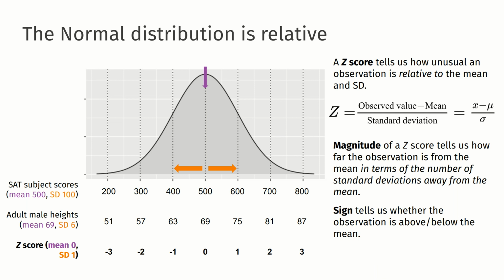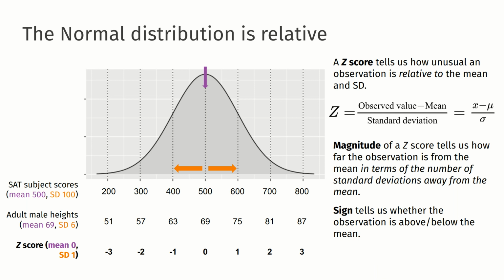So, for example, if you score 750 on an SAT subject score, you would have a z-score of 2.5, because you are 2.5 standard deviations away from the mean, and it's positive because you are above the mean.